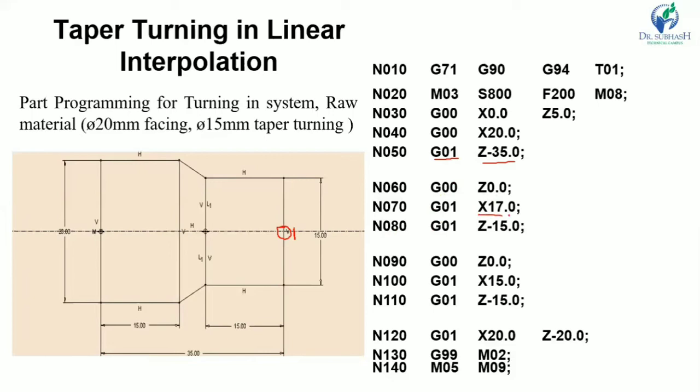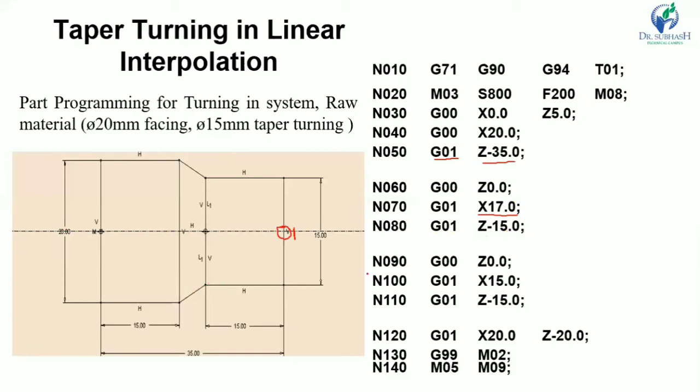Now let us take the first cut. X17, that means here from 20 we are taking a 1.5 mm depth of cut, so now the diameter becomes 20 to 17. Up to 15 mm, so Z minus 15, the tool will travel from here to here.